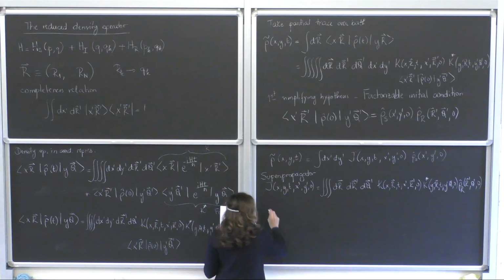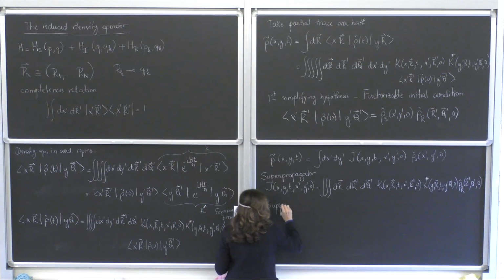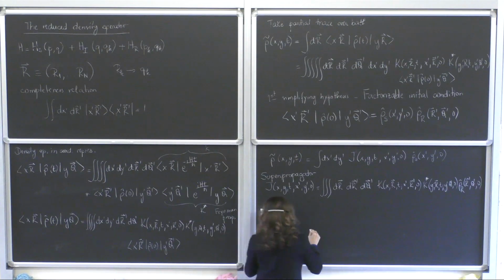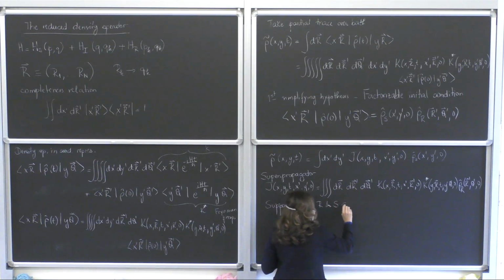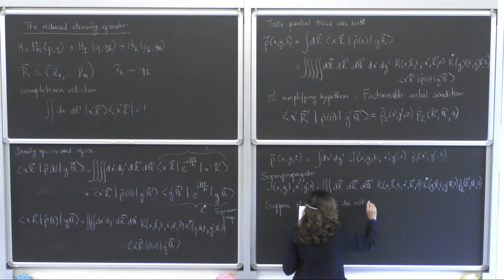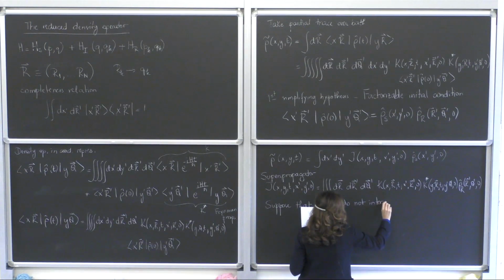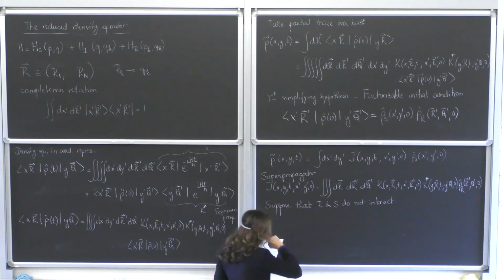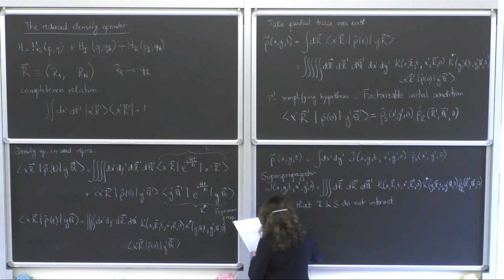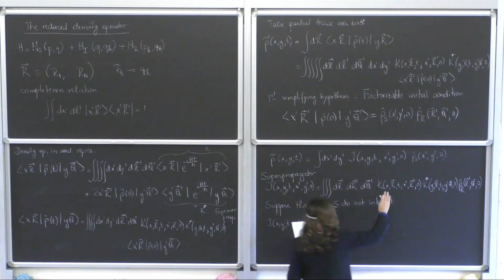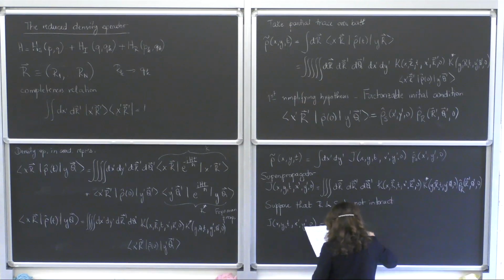So suppose that the system and the reservoir, R and S, do not interact. What would happen to J if R and S do not interact? So then I could rewrite my J, this K would be a product of the two parts.